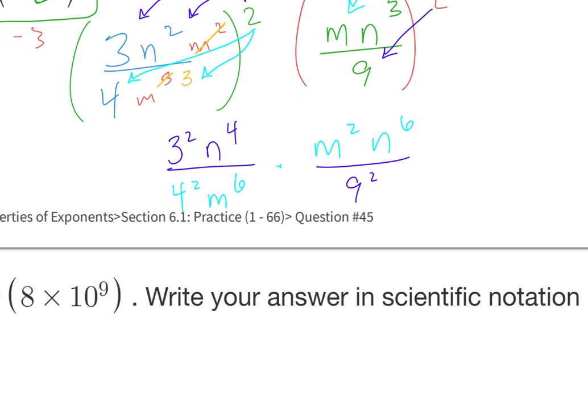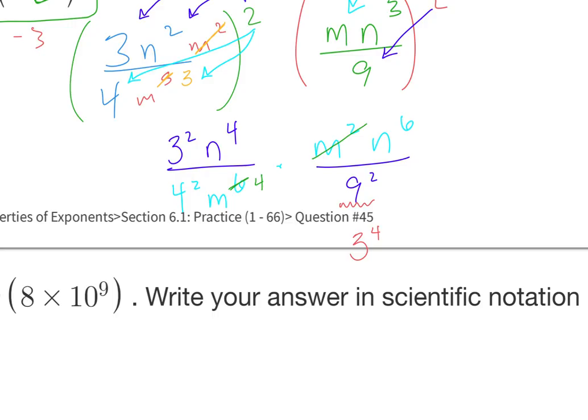Now we are multiplying all this together, okay? Basically, I could go straight across. I could cancel diagonally if I wanted to. For example, I could cancel this and make that 4. This right here, 9 squared is really 3 to the 4th, because 9 is 3 times 3, or 3 squared.